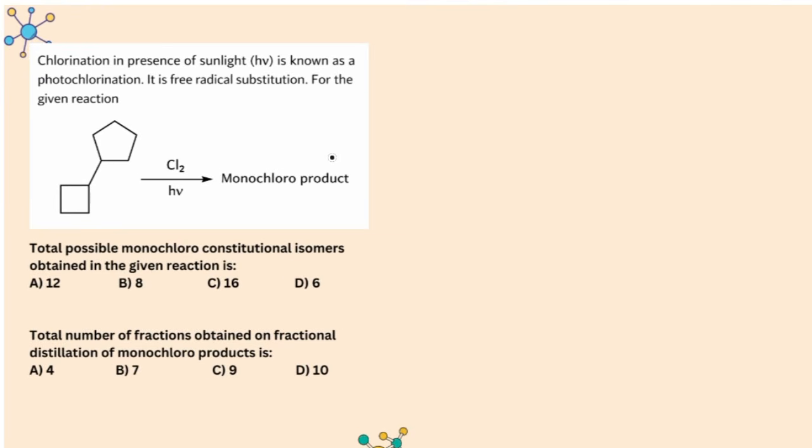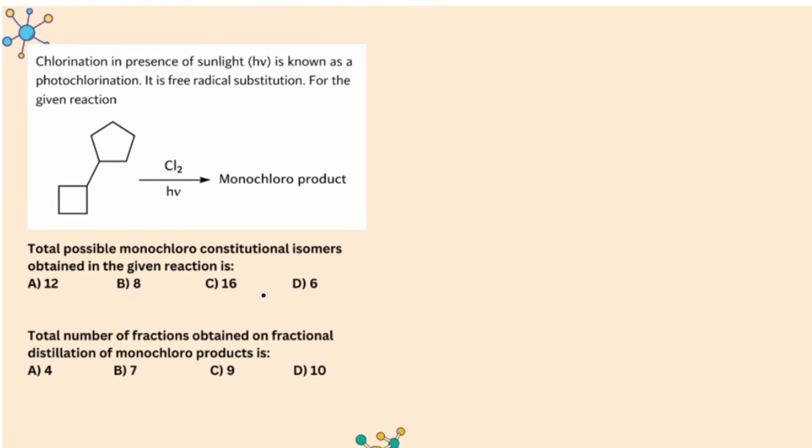The question is a paragraph kind of question wherein the information about the reaction is given here, followed by two questions which you have to solve. Whenever the question is paragraph based, it's always better to analyze the paragraph followed by reading all the questions and then start solving the questions. Here it's about the monochlorination of a bicyclic compound.